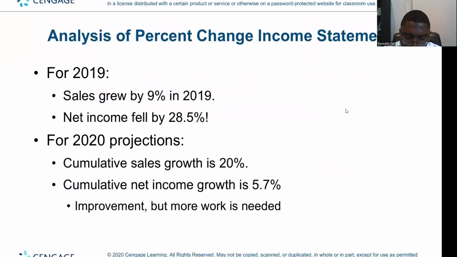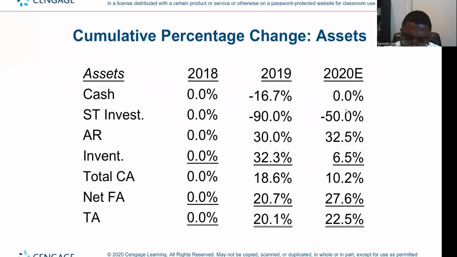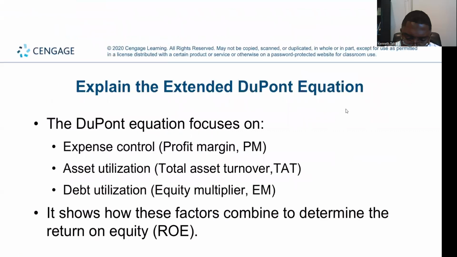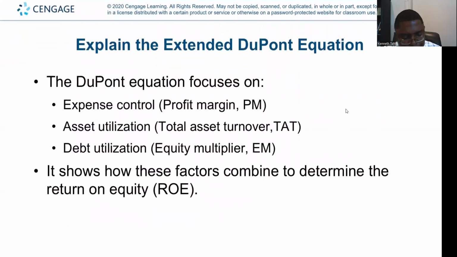All right, the last thing we want to do in this chapter is what we call the DuPont analysis. The DuPont analysis is an equation that focuses on three things: expense control, which is the profit margin; asset utilization, which is total asset turnover; and debt utilization, which is equity multiplier.